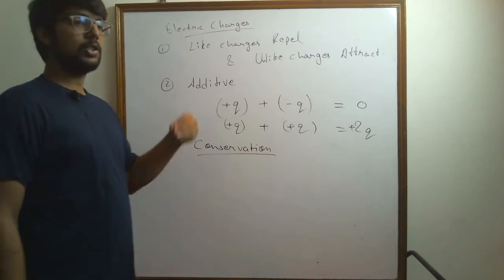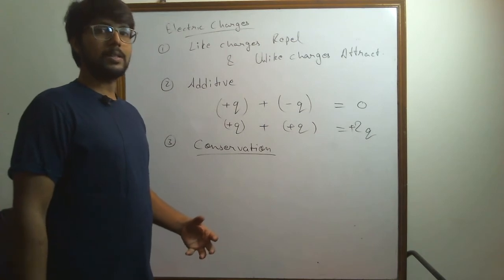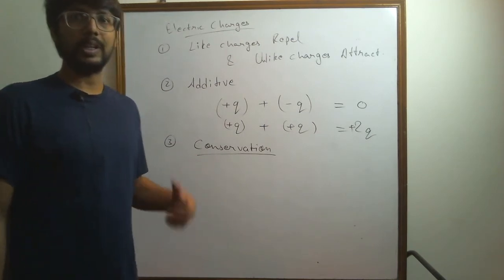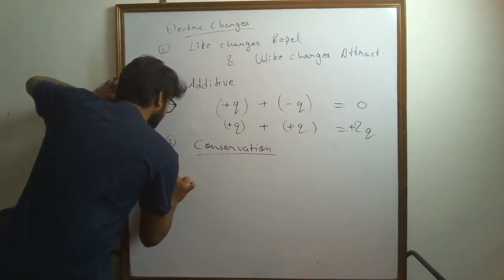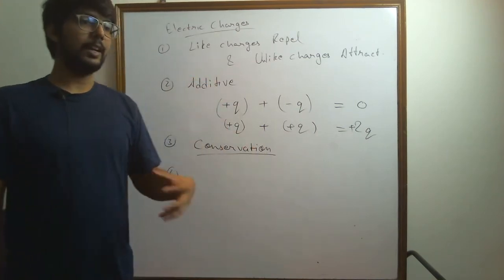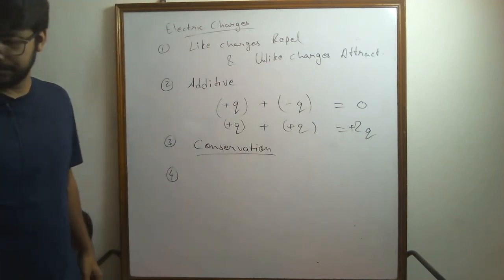That means the charge before and after the process will be conserved in totality. We cannot create or destroy any charges in the process. So it is a very important property, very useful in checking our thought process, if it's going well or not.